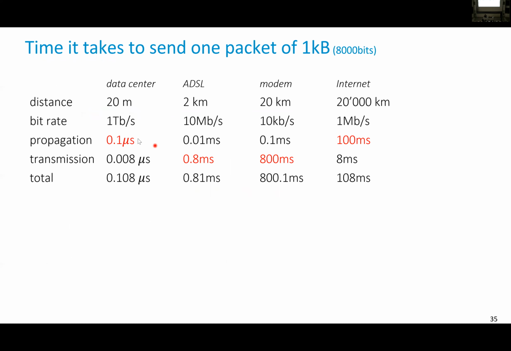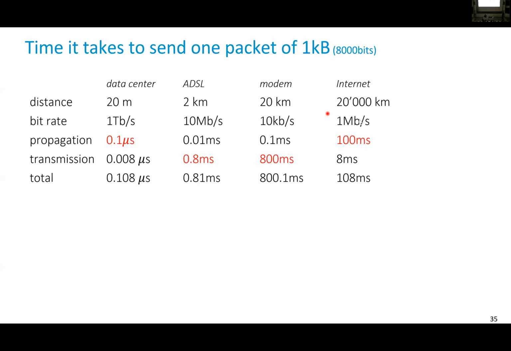For example, those are the times it takes to send one packet of 1K bytes, so 8,000 bits, a relatively standard IP packet. If you're in a data center, we're talking of 0.1 microsecond for propagation and a minuscule fraction of this for transmission. But if you are talking over the internet, then probably the times are reversed.